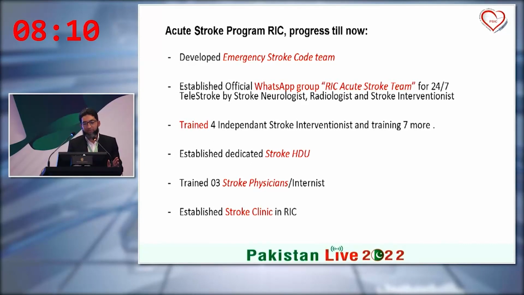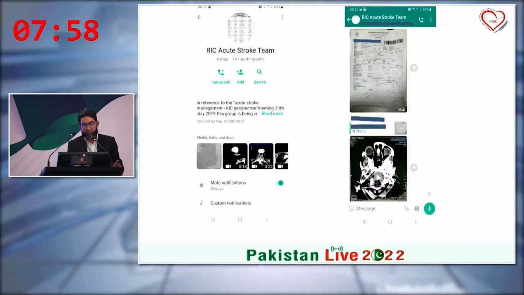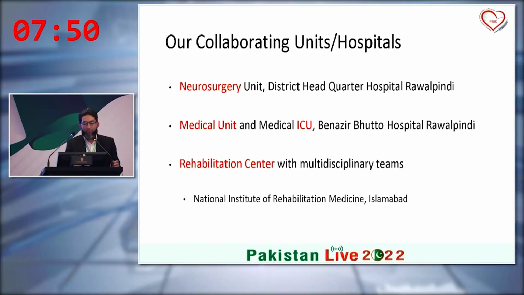We have established a stroke HDU, trained 3 stroke physicians, and established a stroke clinic. We also repeatedly run training programs for physicians and nurses of our hospital. This is the view of our WhatsApp group which we use for telestroke advice about the stroke codes.